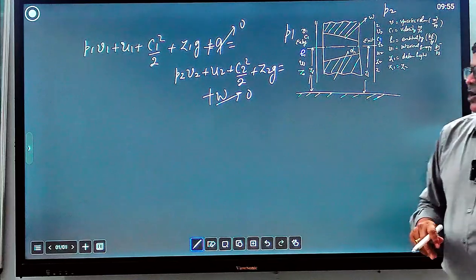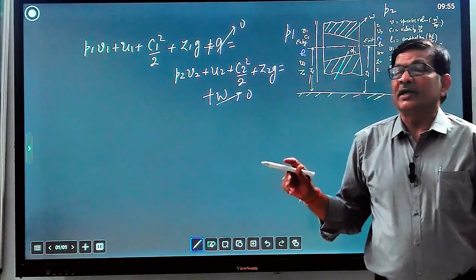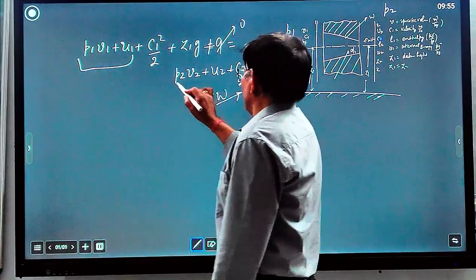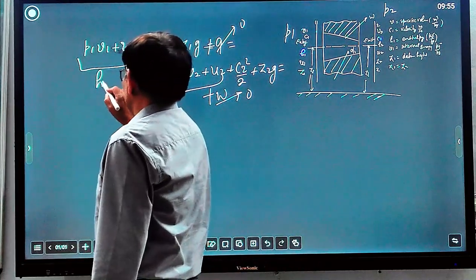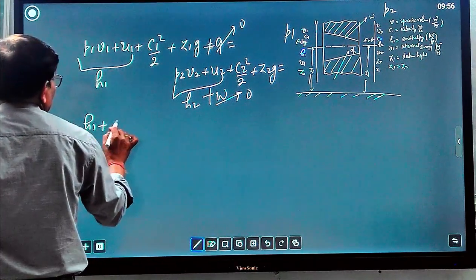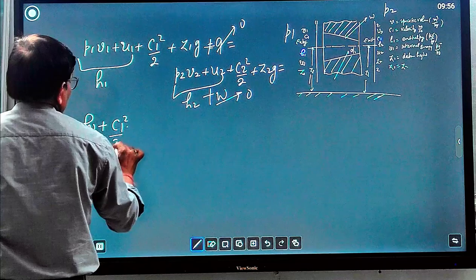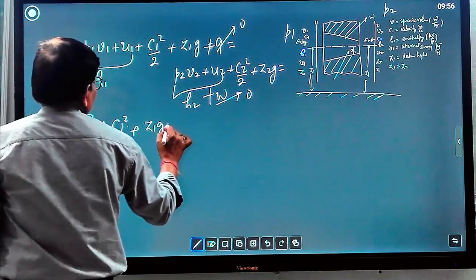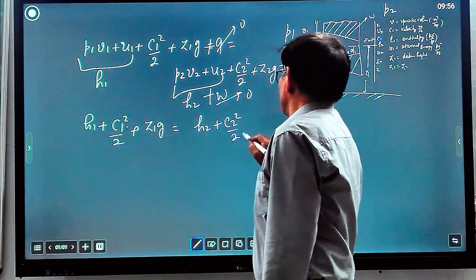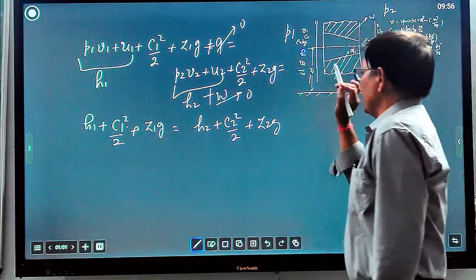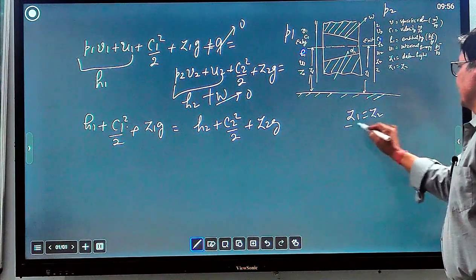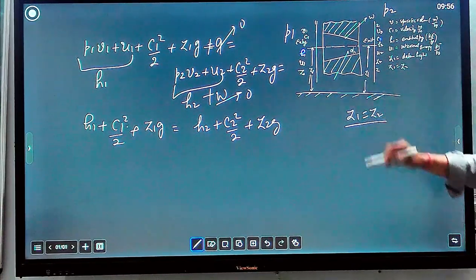This was just to make you understand how many parameters are possible to include when writing the energy balance equation. You know that the terms P1 V1 plus U1 and P2 V2 plus U2 are enthalpy, H1 and H2. So H1 plus C1 square by 2 plus Z1 G equal to H2 plus C2 square by 2 plus Z2 G. And here also Z1 equal to Z2, because inlet and outlet conditions are at the same height from the datum.